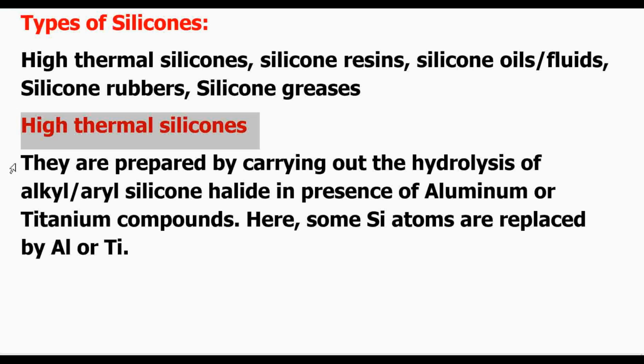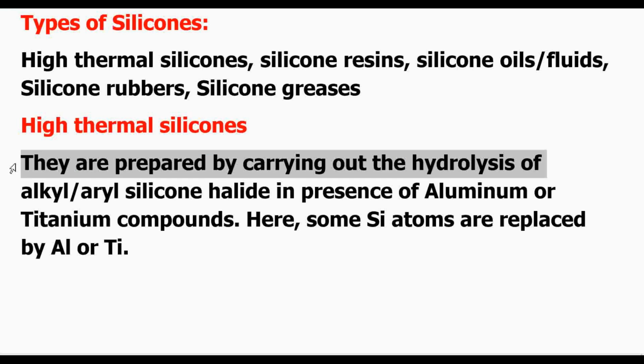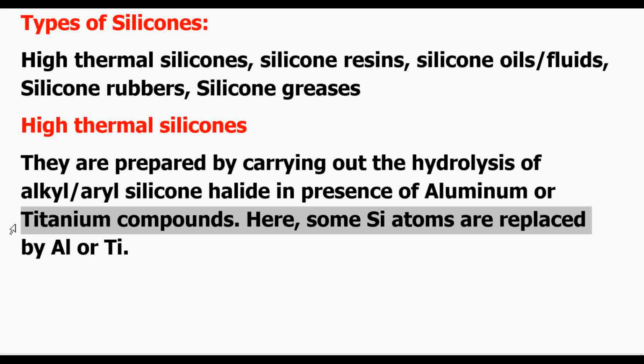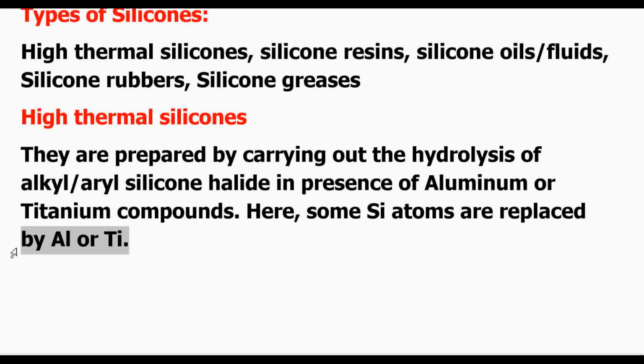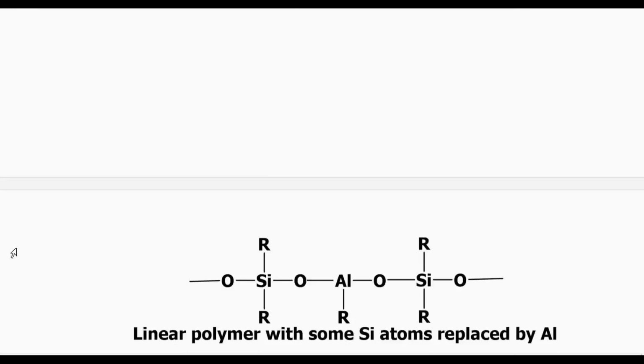The high thermal silicones are prepared by carrying out the hydrolysis of alkyl or aryl silicon halide in presence of aluminum or titanium compounds. So what happens is that some of the positions of the silicons are occupied by aluminum or titanium. It will look probably like this.